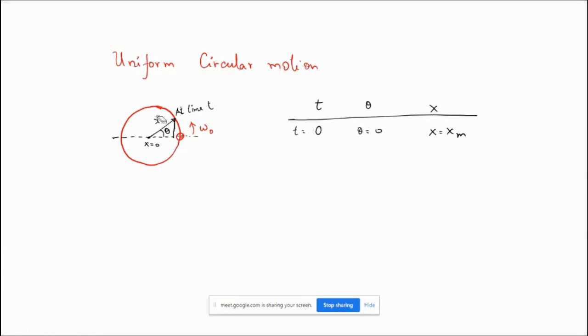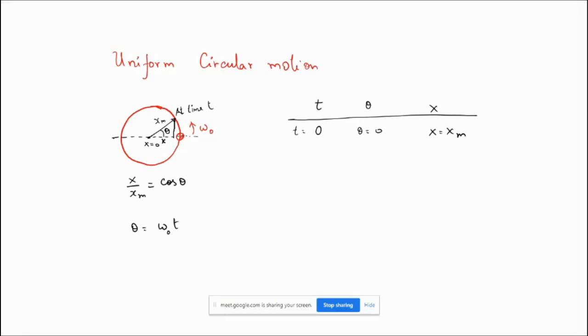At time t, the adjacent side is x and the hypotenuse is xm. So x by xm is cos theta, but theta is omega naught t, because the bead is moving with a constant angular velocity omega naught.